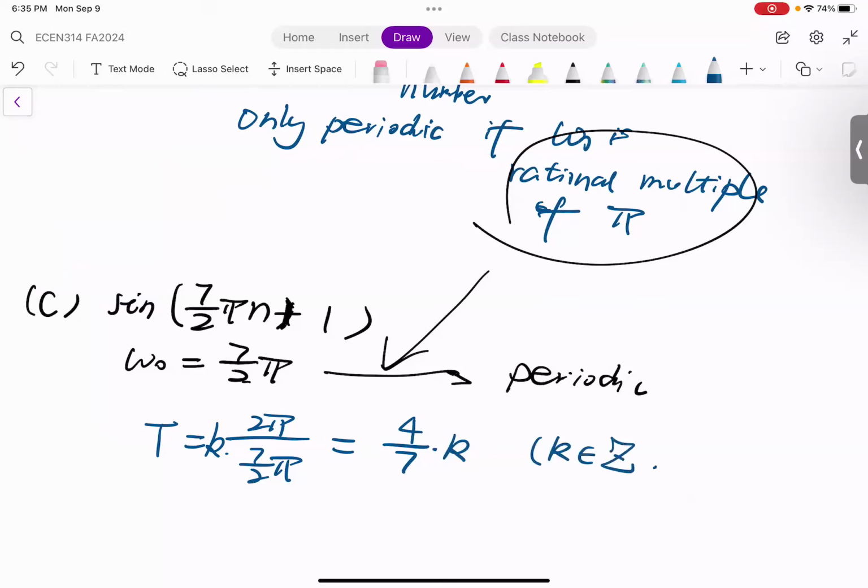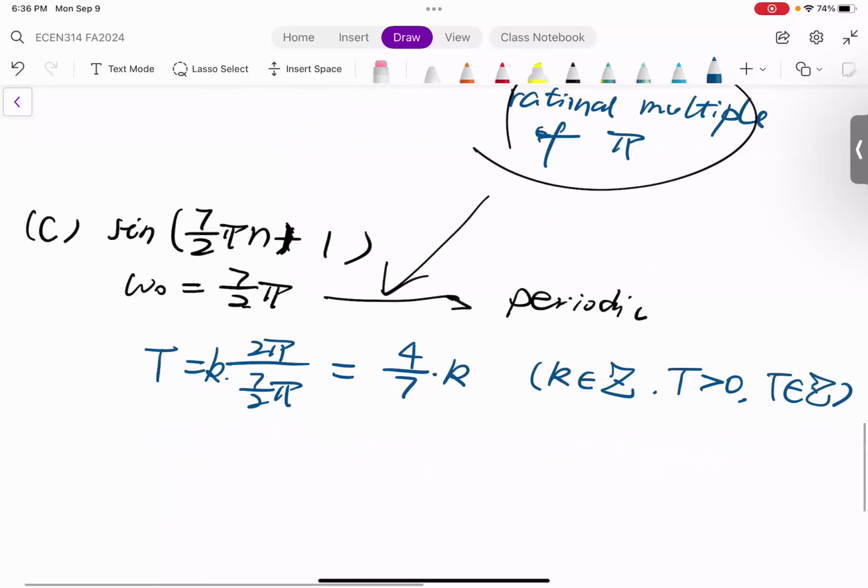But again, T has to be positive and T has to be an integer. So what's our fundamental period T naught? The smallest T is when k equal to what? Is k equal to 1?